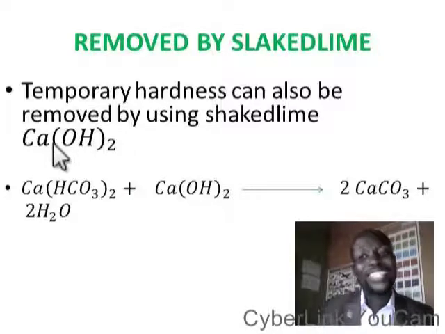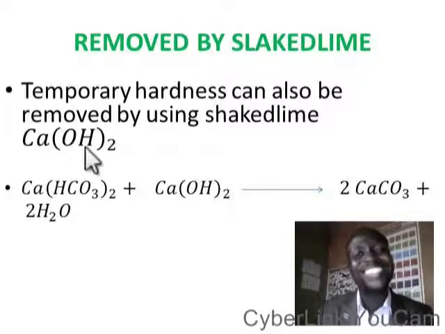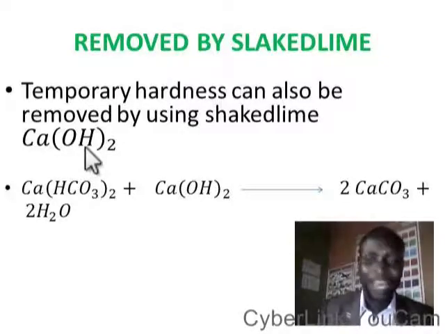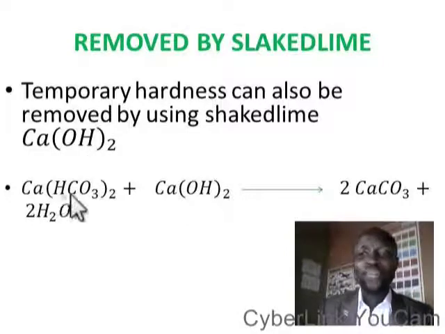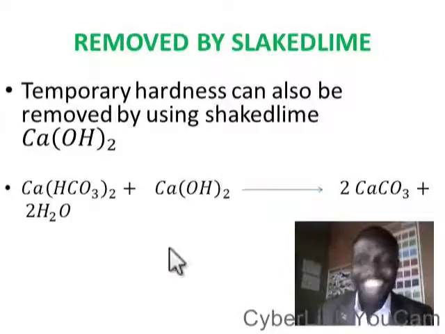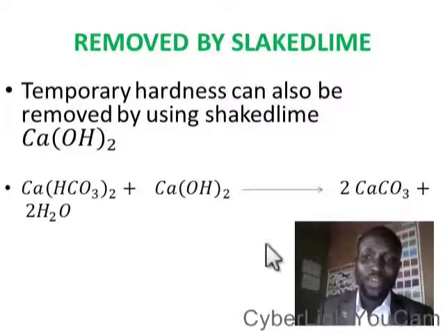That is when you get calcium hydroxide as slaked lime. And the process of forming slaked lime is called slaking of lime. So, calcium hydrogen trioxocarbonate(IV) plus slaked lime is now given to us calcium trioxocarbonate(IV) and water.